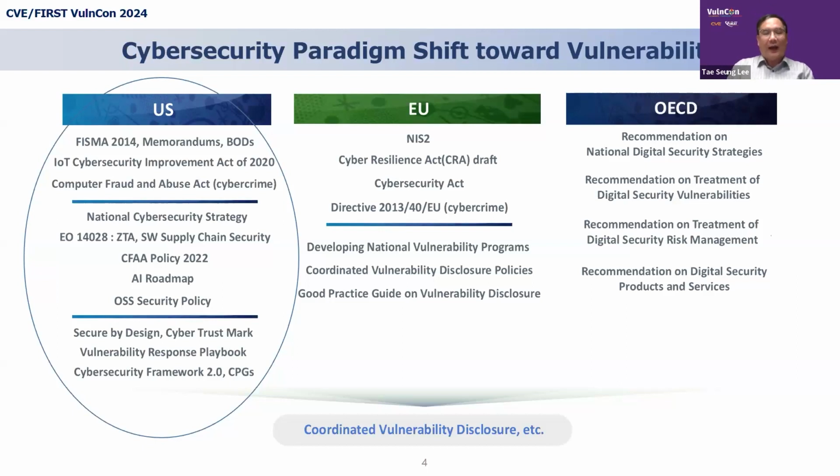Regarding cybersecurity guide, Secure by Design was published in October 2023. It urges technology manufacturers to implement vulnerability disclosure policy and vulnerability management. From this year, US Federal Communications Commission, briefly called as FCC, begin Cyber Trust Mark labeling rules.